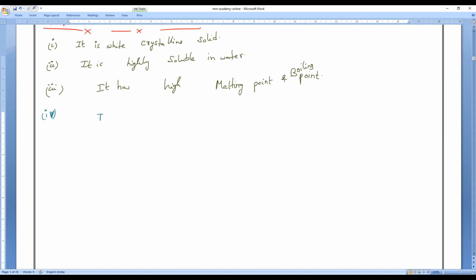What do we call it, everyone? Hygroscopic. Please learn it. Hygroscopic in nature. So what does it mean? It will absorb the moisture when it is exposed to the atmosphere.